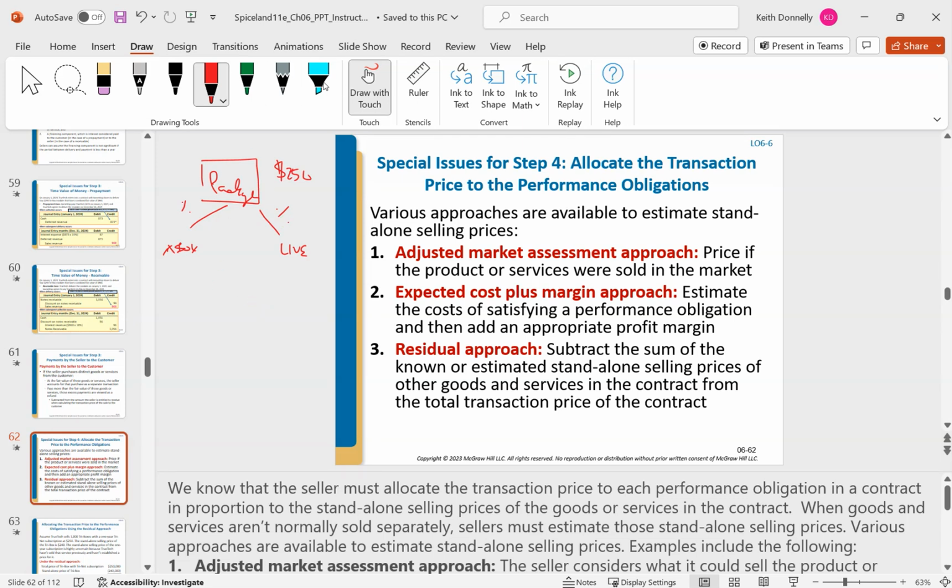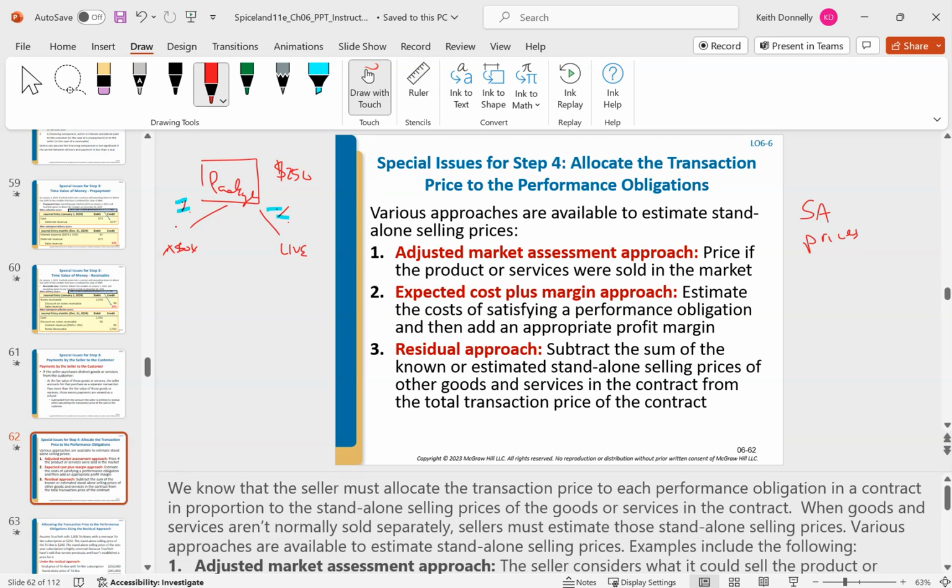In order to do that, we had to look at the standalone prices. In other words, what you sold the Xbox for by itself divided by what you sold the Xbox for plus the Xbox Live by itself. So you can reference the first video for that.